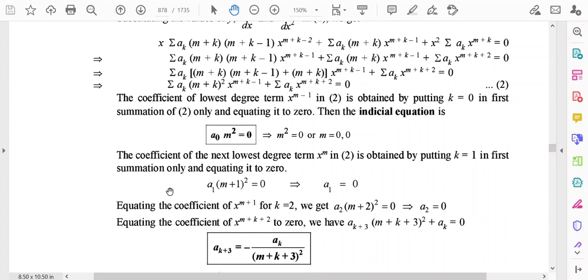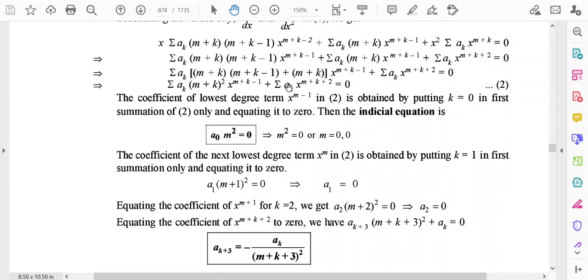Then we will obtain a recurrence relation, that is a general relation between the a's. In this case we will equate the coefficient of x to the power m plus k plus 2 to 0. I have already told how the recurrence relation can be obtained.